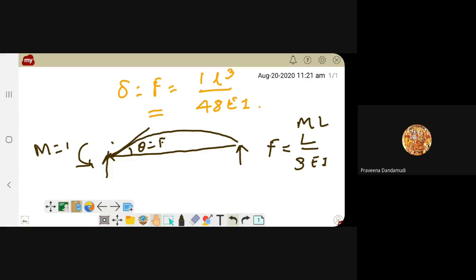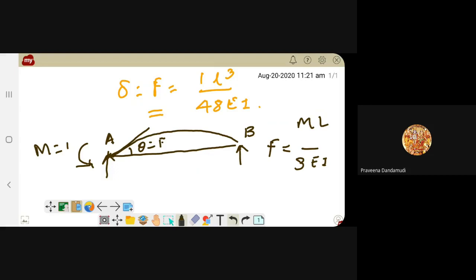I'm not calculating, I'm just taking the same value as we considered here, because I am applying a unit moment at this particular location. If you consider this as location A or joint A and B, applying the unit moment here, you will get ML upon 3 EI. A simple way to find out.